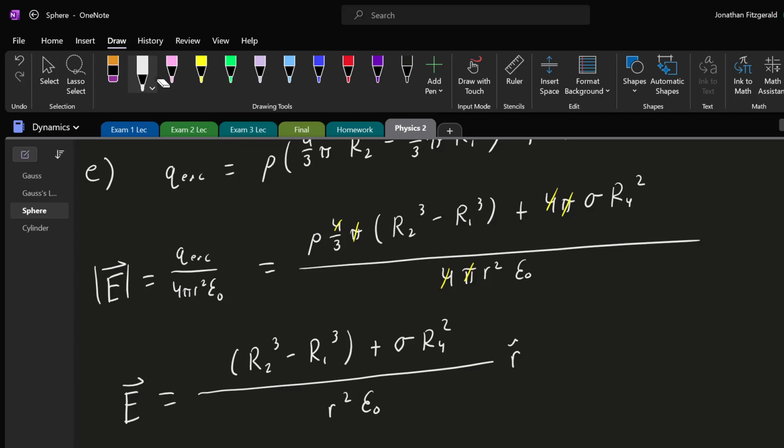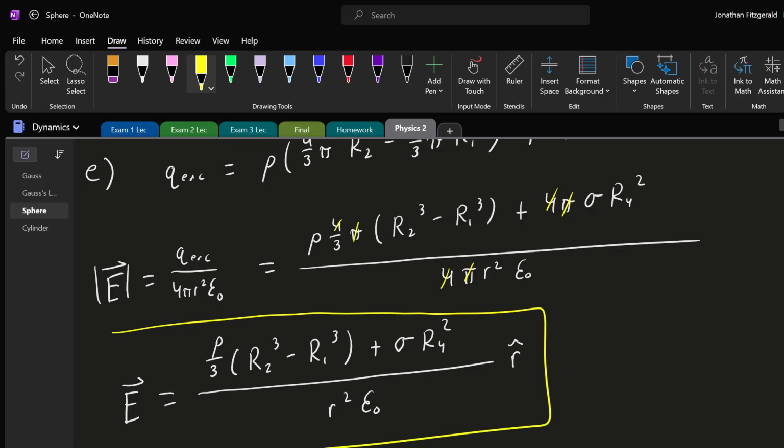And I forgot this rho over, rho over 3. Okay, that looks pretty good and looks like a good answer.